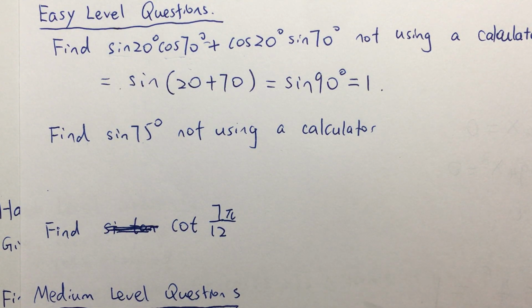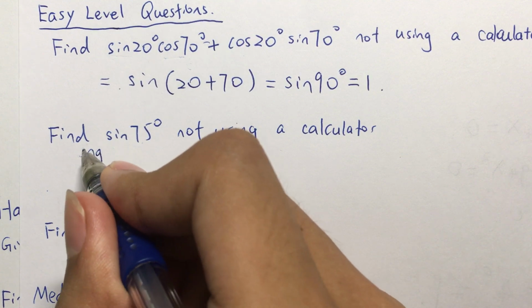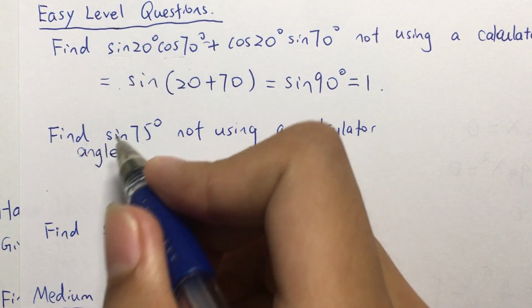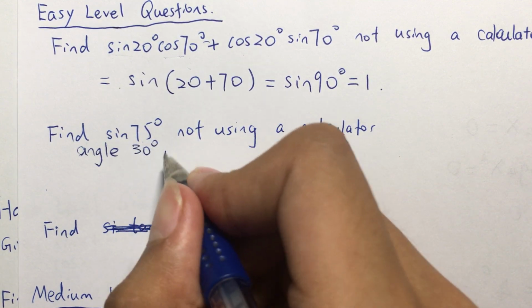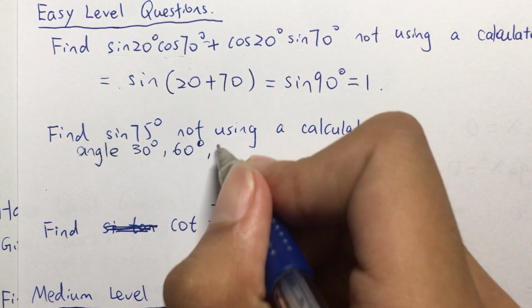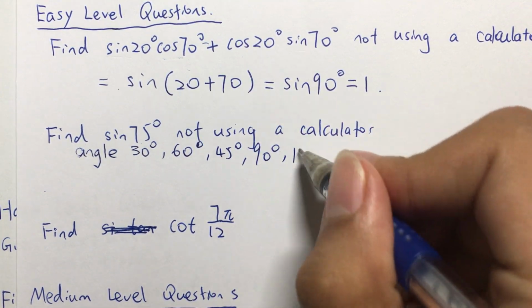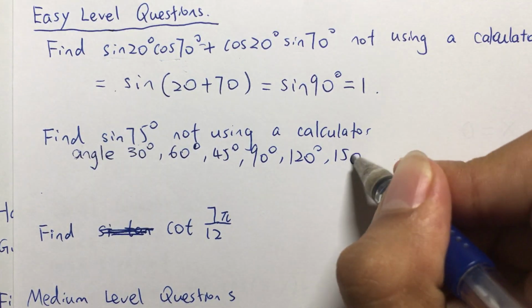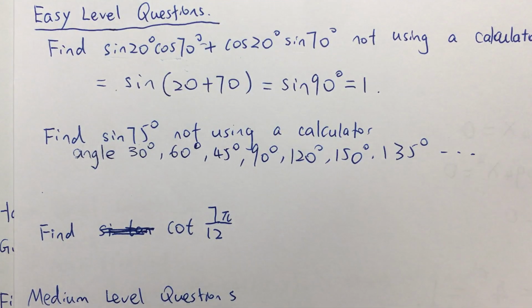Well, we know that the only angles that we can find without using a calculator are 30 degrees, 60 degrees, 45 degrees, 90 degrees, 120 degrees, 150 degrees, and 135 degrees, and so on.